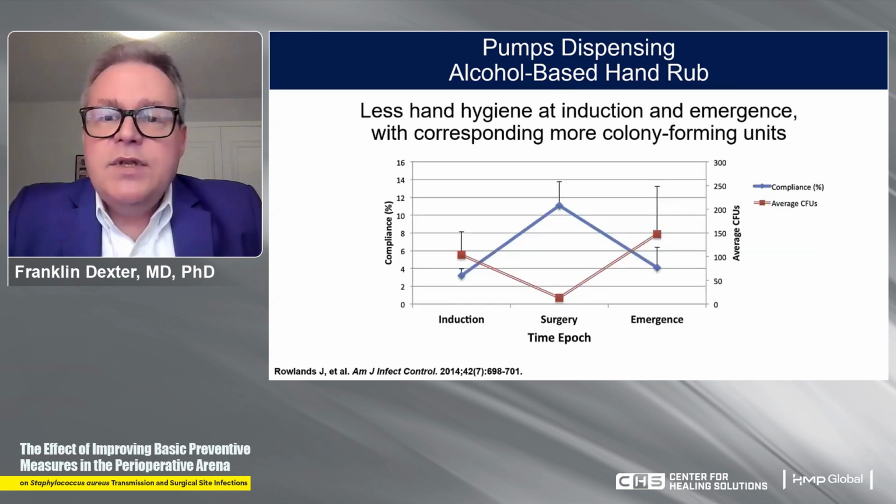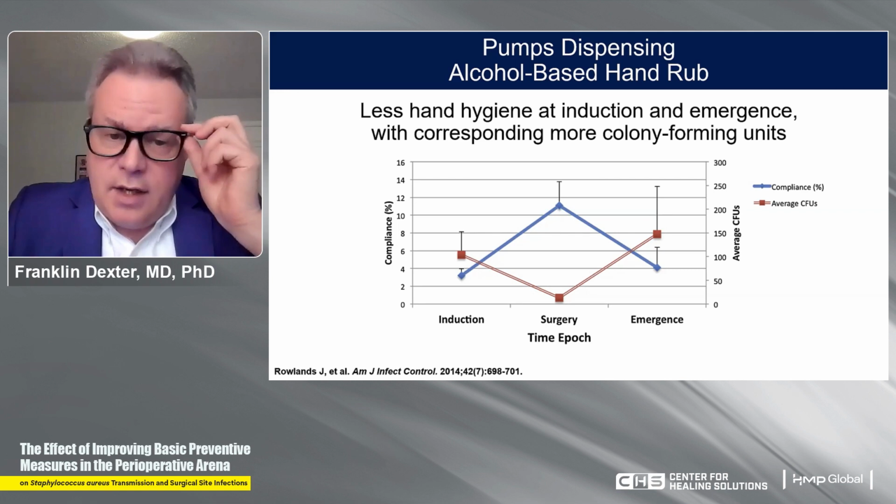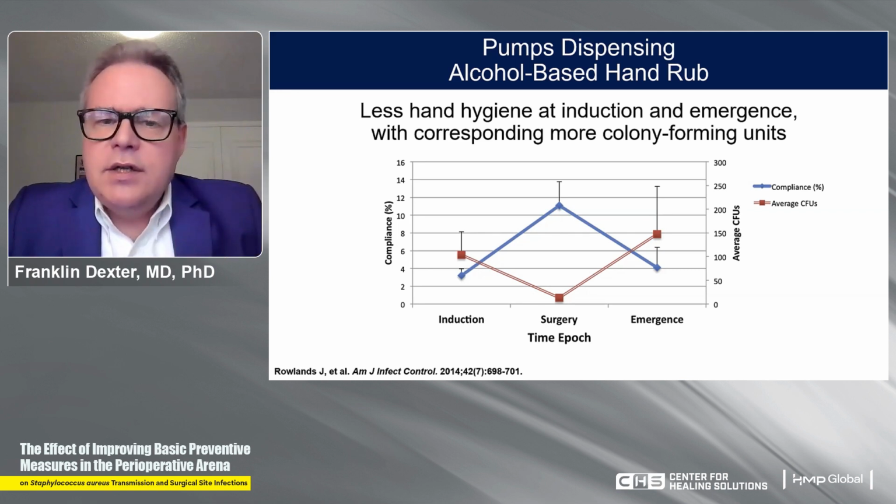And what they did was they cultured those frequently touched sites. Now, compliance in their graph means World Health Organization moments for hand hygiene. After touching a site in the anesthesia work environment, before touching the patient, hand hygiene should be done. After touching the patient, before touching any sites in the environment, hand hygiene would be done.